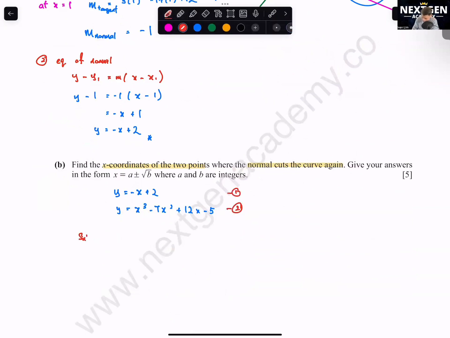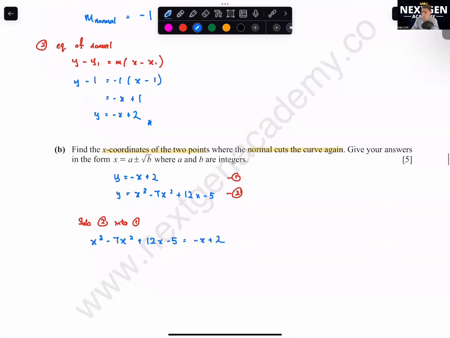So sub 2 into 1: x cubed minus 7x squared plus 12x minus 5 equals negative x plus 2. Bring it all to the left-hand side so we can form a cubic equation here. So x cubed minus 7x squared plus 13x minus 7 equals 0.